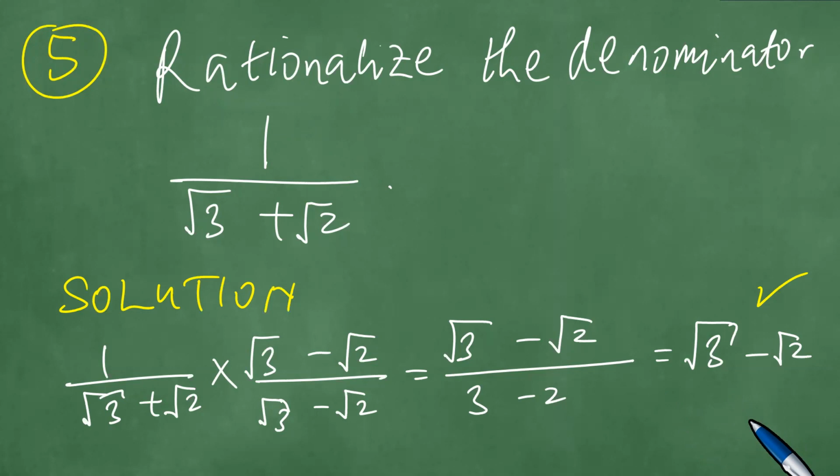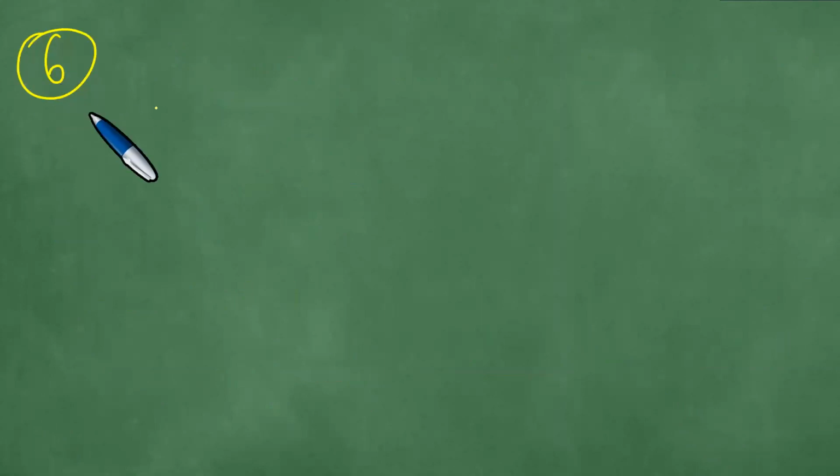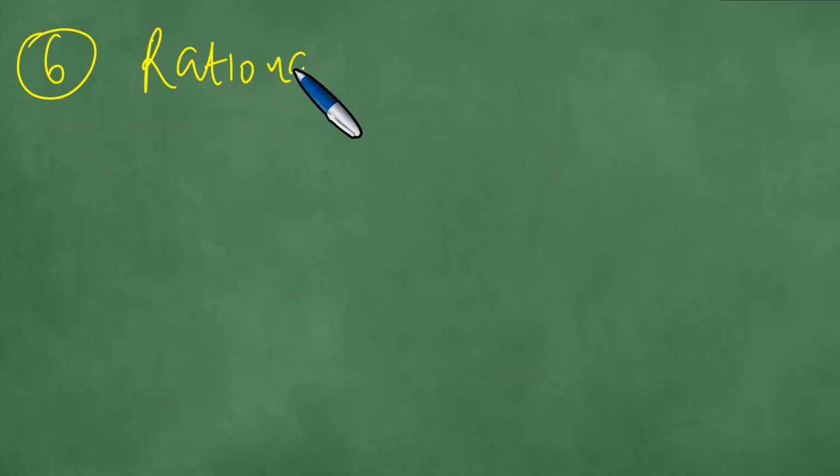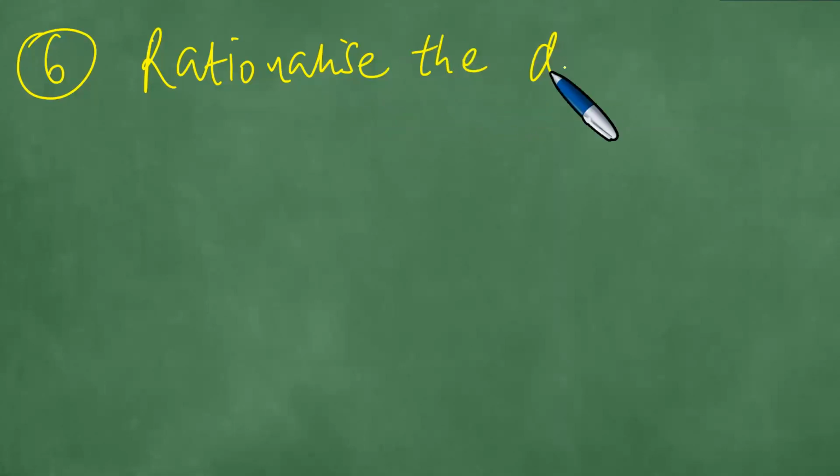I'm going to give you just one more question on surds. Rationalize the denominator here, number 6.